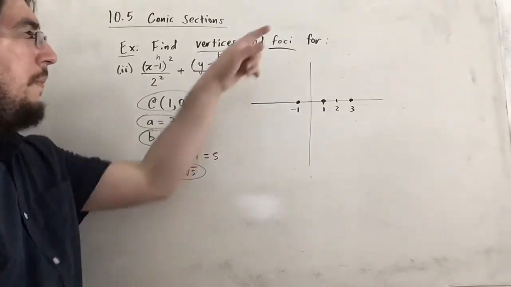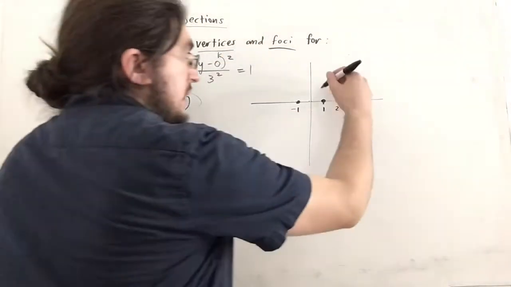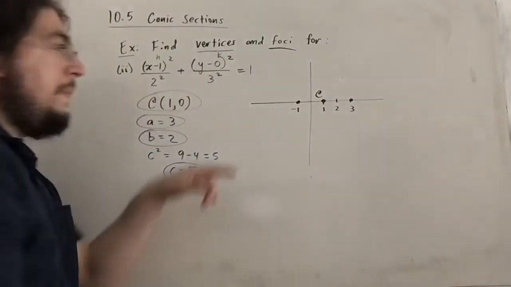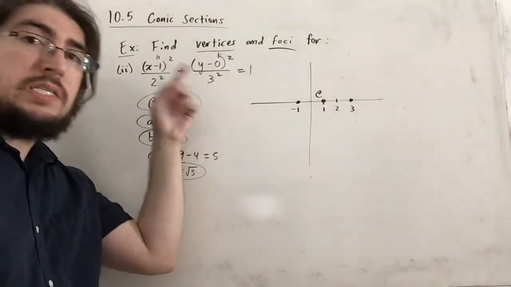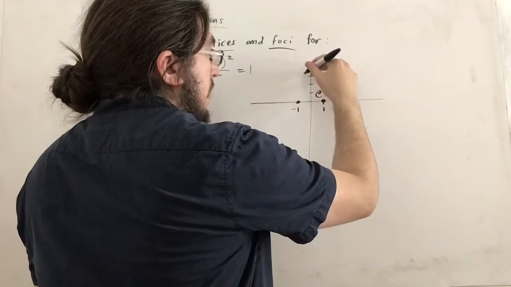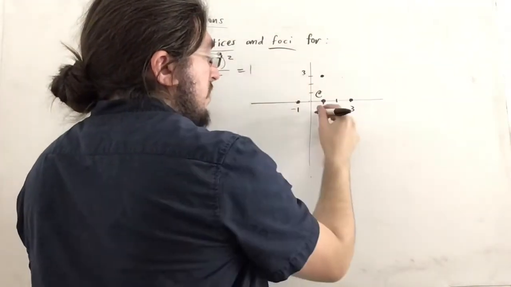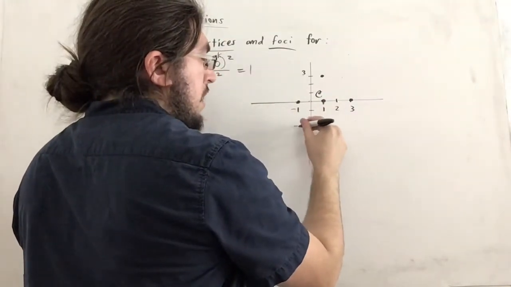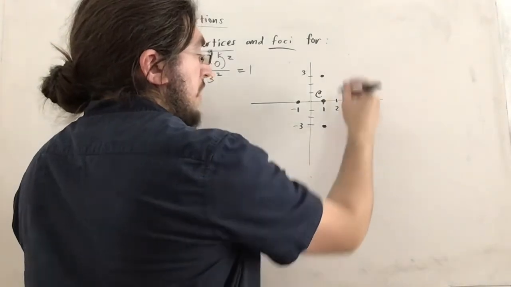Then we're going to go up and down a distance of, so this was the center, by the way. And we're going to go up and down a distance of 3, which is the number squared under y. So if we go up 1, 2, 3, we land at this point. If we go down 1, 2, 3, we land at this point.